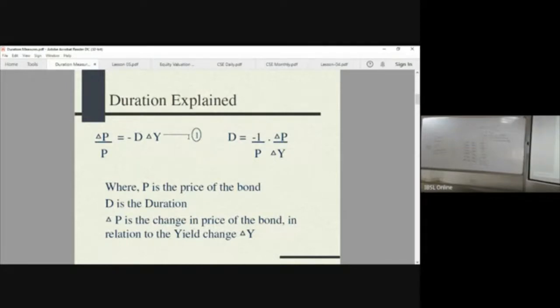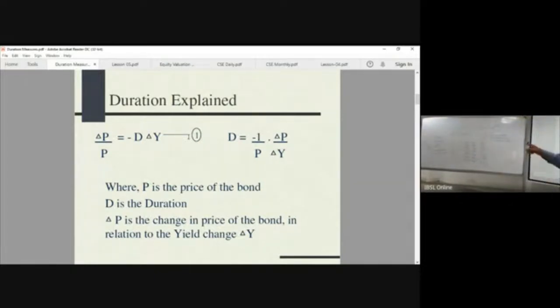So you can rearrange equation number 1 to read this way: delta P is equal to minus D into delta Y into P. This is a very important equation in this duration measure.